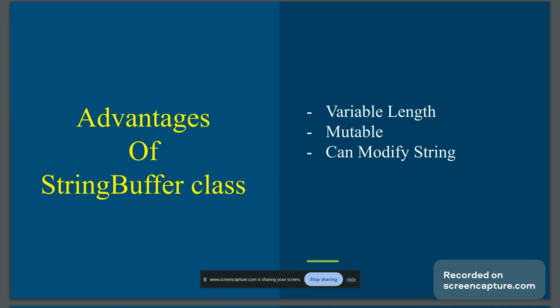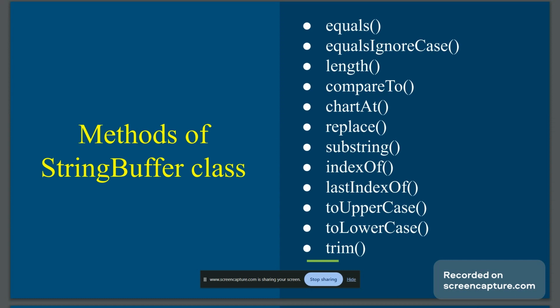We can adjust the length by using methods, which was not possible in the String class because its size is fixed. The StringBuffer class is mutable. It means we can modify the string of that literal or variable, and a few additional methods are available for the StringBuffer class.